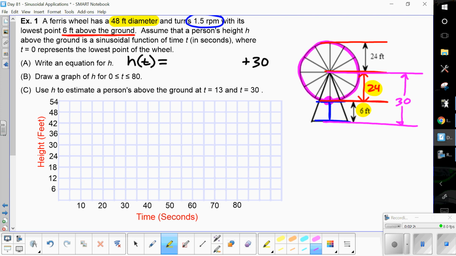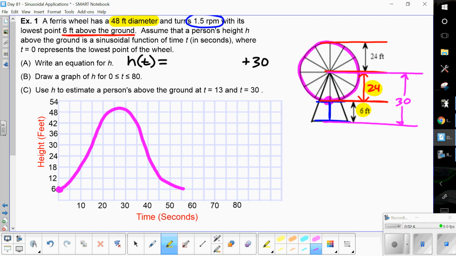One full rotation, or in this instance, one full period. So if I think about it, I'm going to start at the bottom. I'm going to go up. I don't know what my time intervals are yet, to the top. And then over time, I'm going to come back down. It's going to look something like this. And that's not perfect yet.